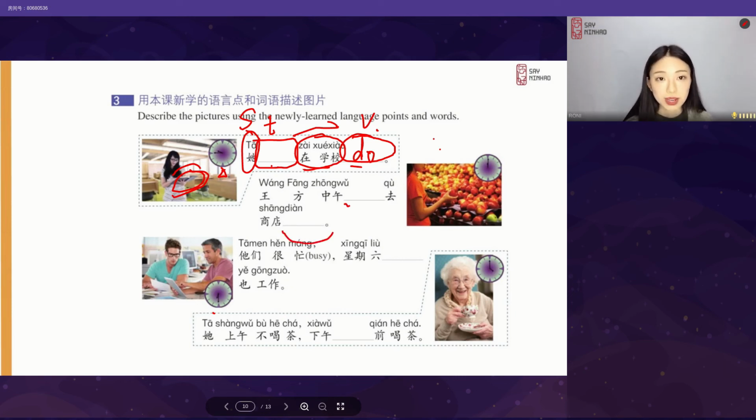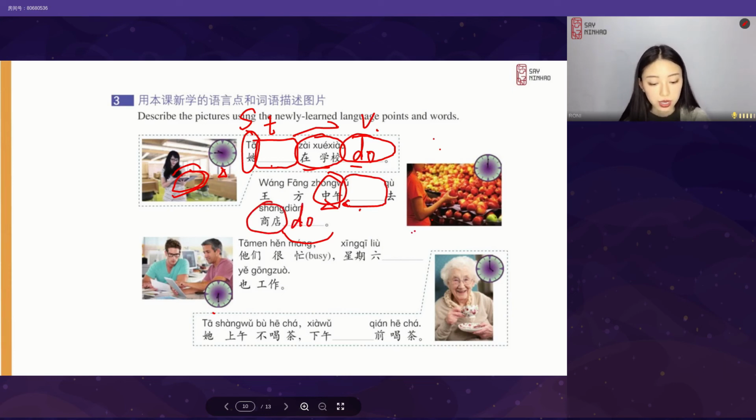Okay, next one. 王芳中午 what 去商店 what? It is the same structure, right? 王芳 the subject, 中午 the time. We already have the time. Let's put the exact clock into it. And the 去商店 to do what? Do something. First one, the time is 12 o'clock, which is 12点 in Chinese.